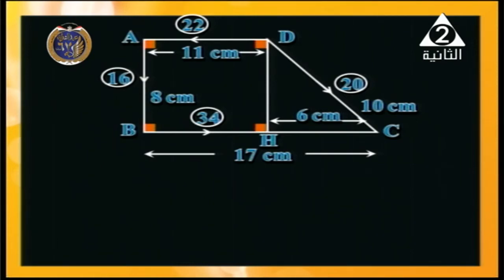AD equals 11, BC equals 17, therefore BH equals 11 and HC equals 6 centimeter. Also AB equals 8 centimeter. We find the value of DC by using the Pythagoras theorem, which equals 10 centimeter.